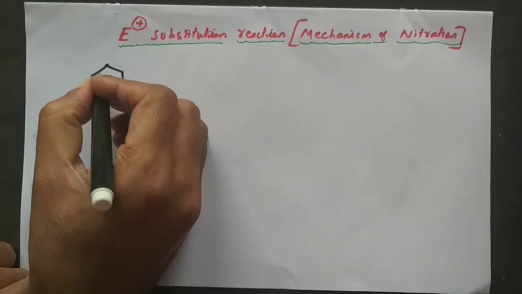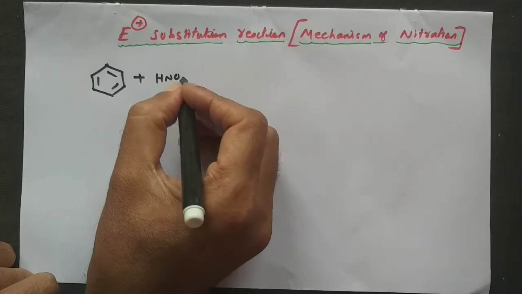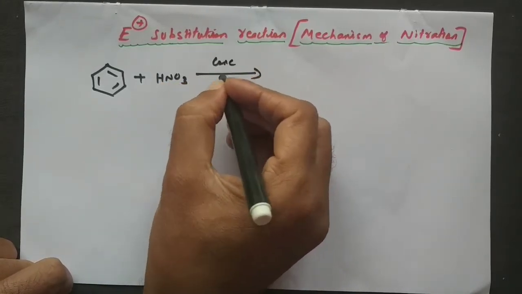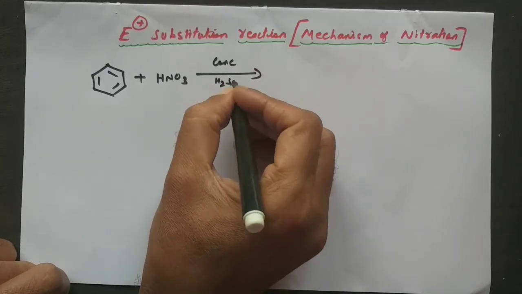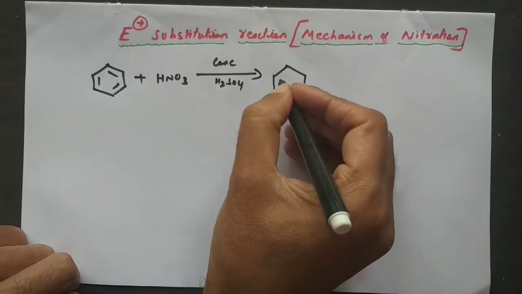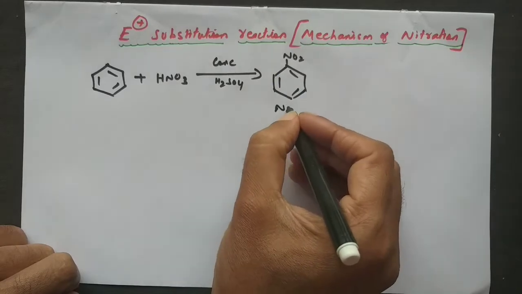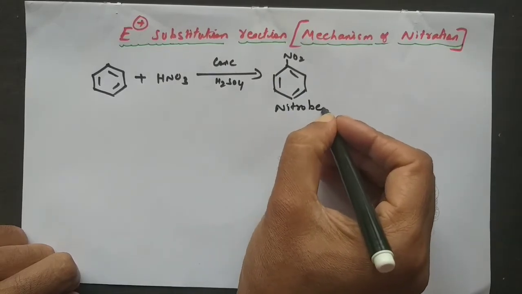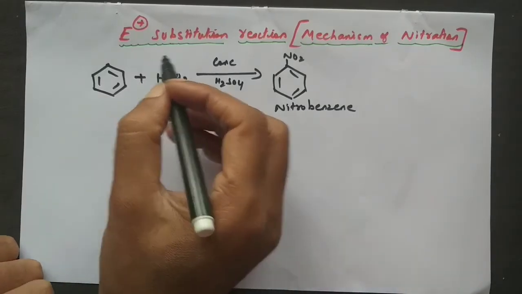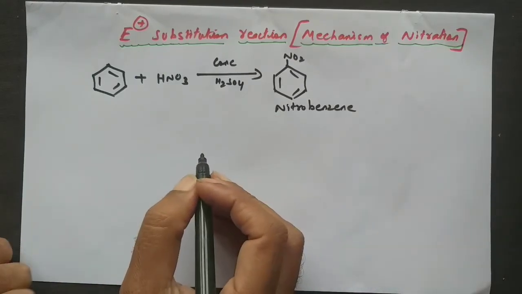When we treat the benzene ring with nitric acid, HNO3, in the presence of concentrated sulfuric acid, the product will be nitrobenzene, with NO2 attached. So this is the basic reaction: nitration of benzene with nitric acid gives nitrobenzene.